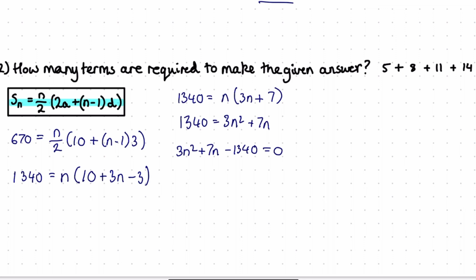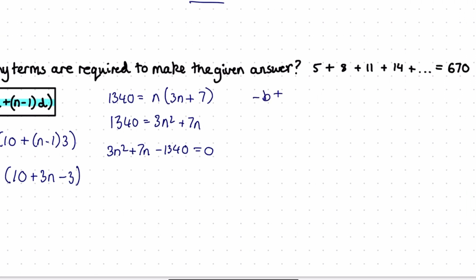So it doesn't look like it's going to factorise very easily. If you have a ClassWiz calculator, then there is a setting where you can simply plug in the numbers and it will find the answer. But if you don't, I'm going to do it using the quadratic formula, which is minus b plus or minus the square root of b squared minus 4ac all over 2a.